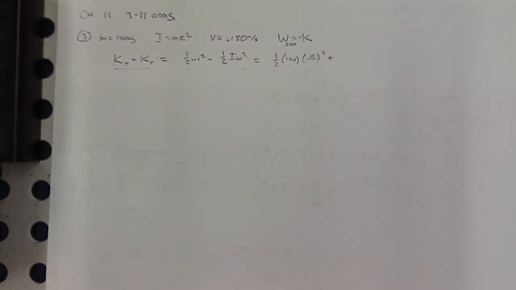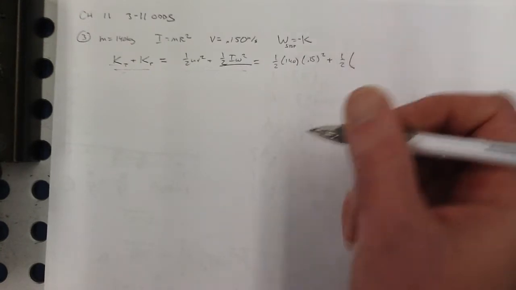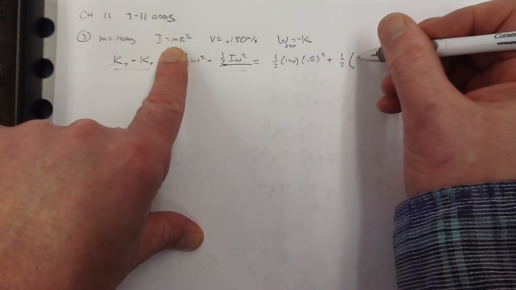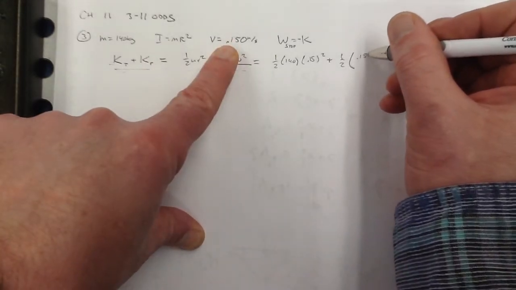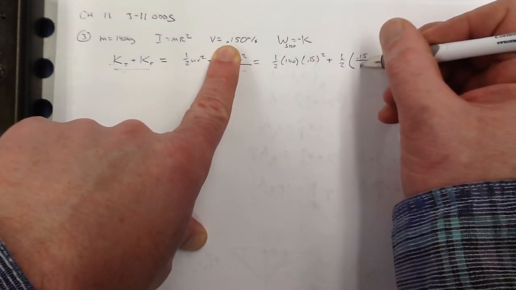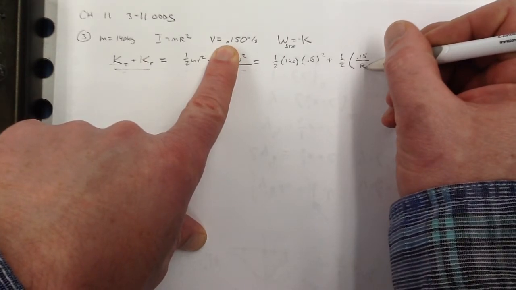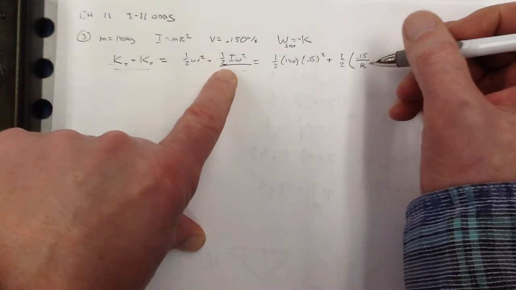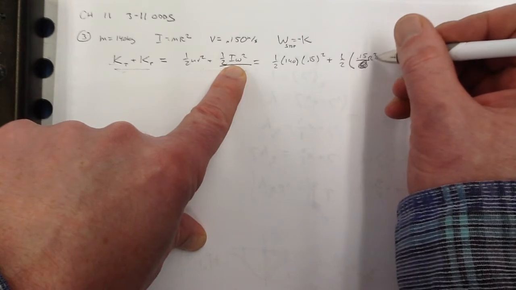Okay, so for this, I've got 1/2 I, which is m, and if you're thinking, wait, I need to know what the radius is. No, you don't, actually. 1/2 I, which is mr squared.